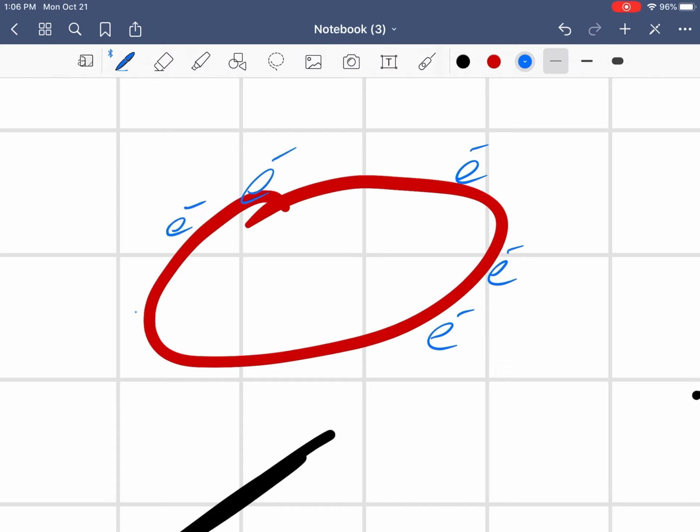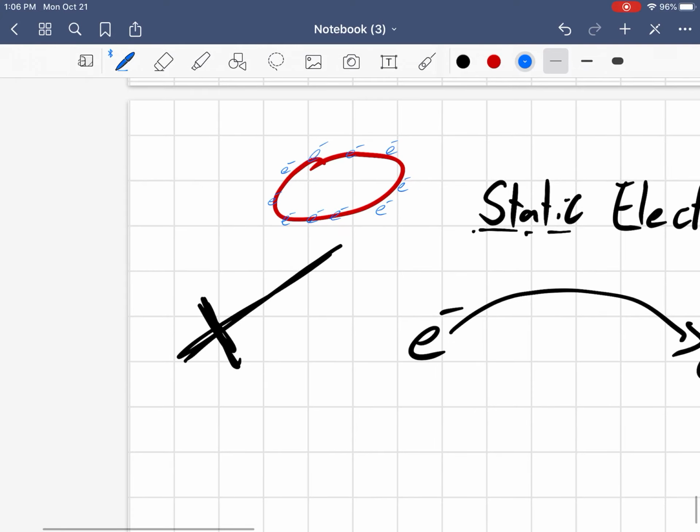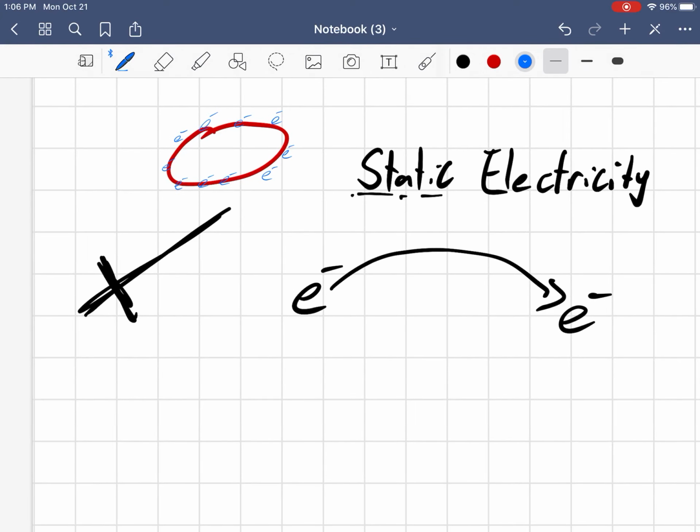And electrons, like I said, can move around and create that static moment. But that doesn't fully explain what it is that's happening.